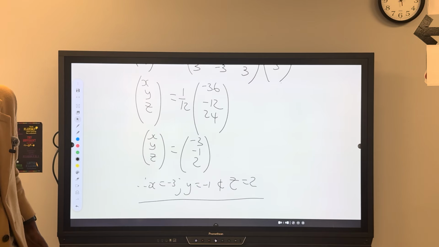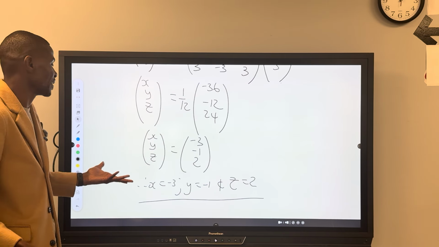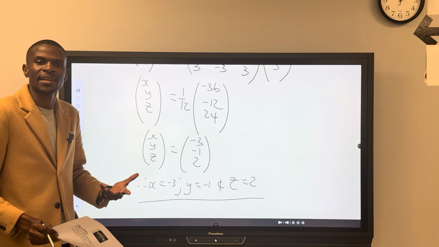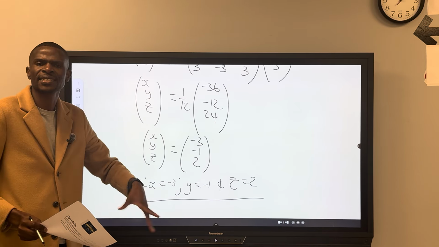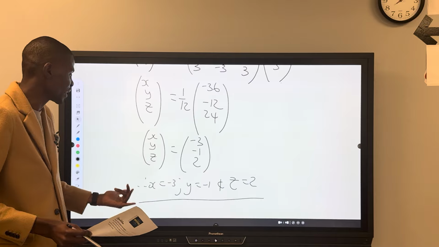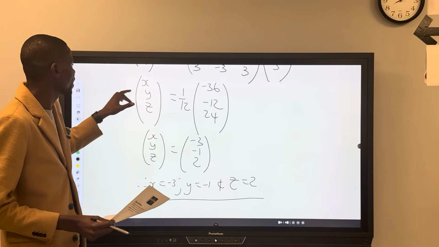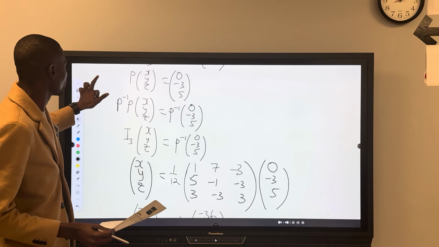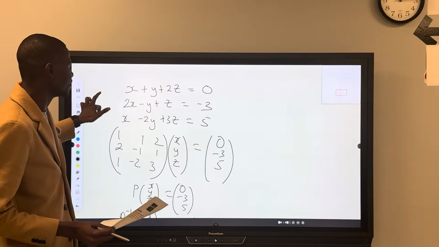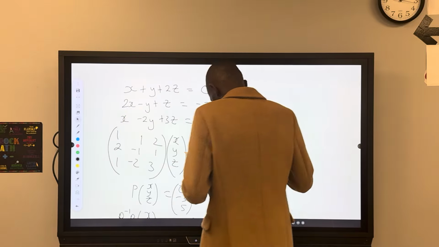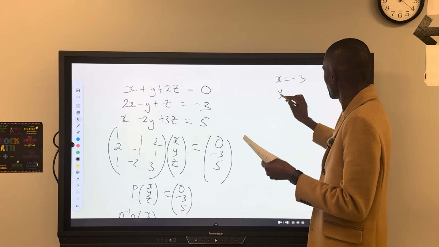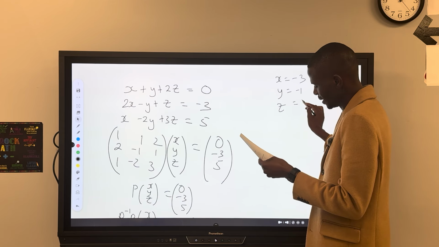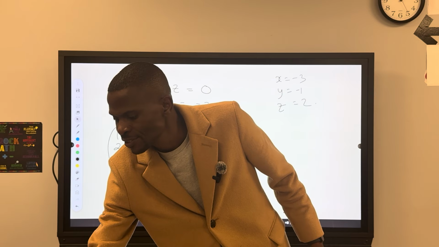And it's something that you can confirm, guys. If you are in the exam and you want to verify if your answers are correct, the numerical values for x, y, and z, you go back to your equations. In this case, we got x as -3, y as -1, and z as 2, so you can just plug in to see.